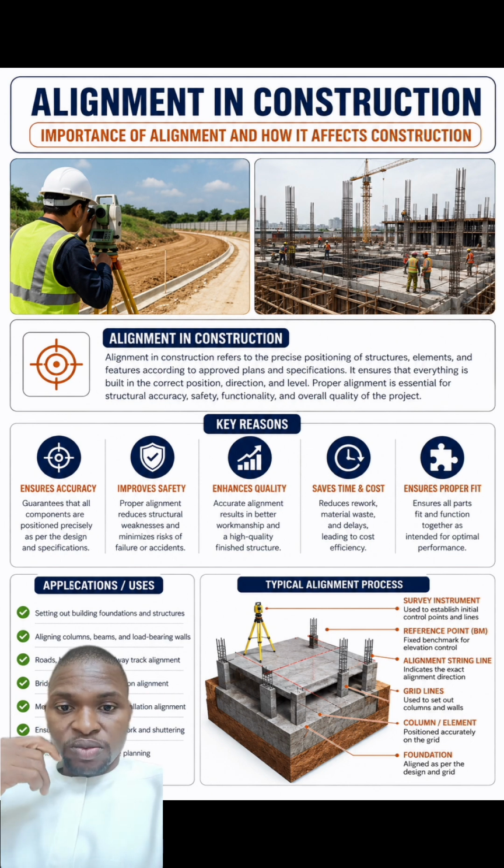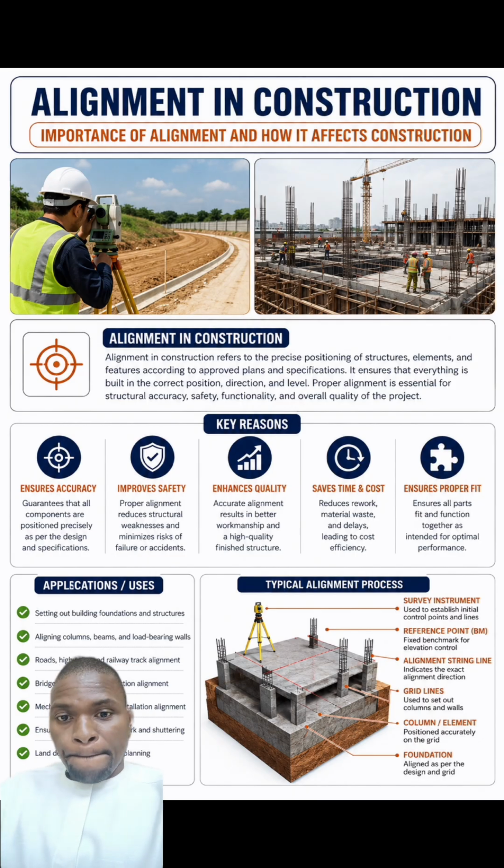Approved plan that you are working with, which helps you to pinpoint those areas where your column is going to be, where your beams are going to be, and the type and the kind of beams, the width of the beams, the span length, and all those things.